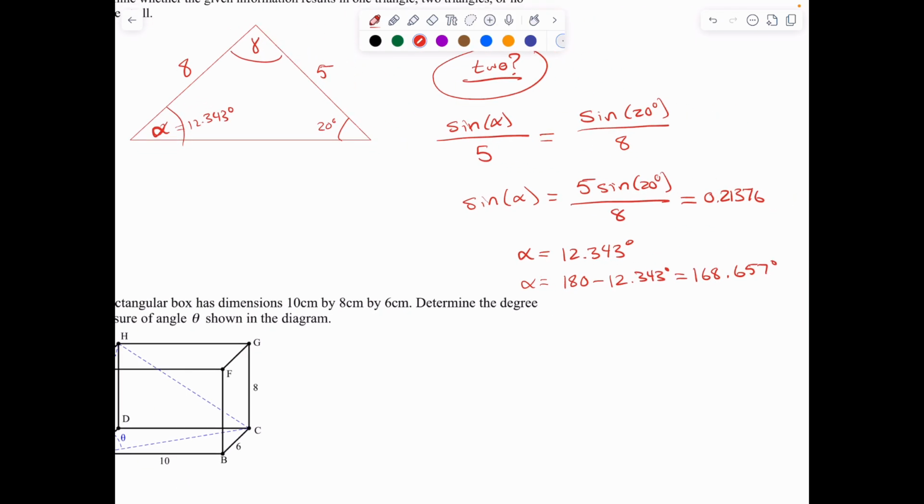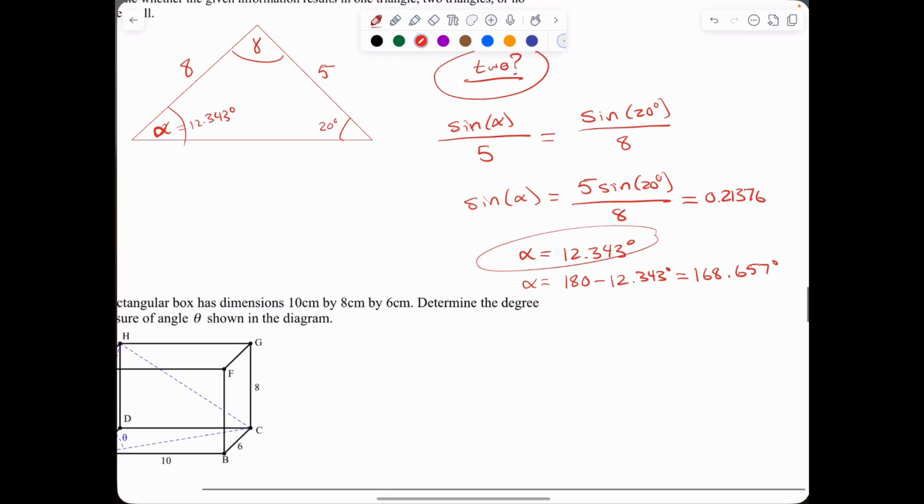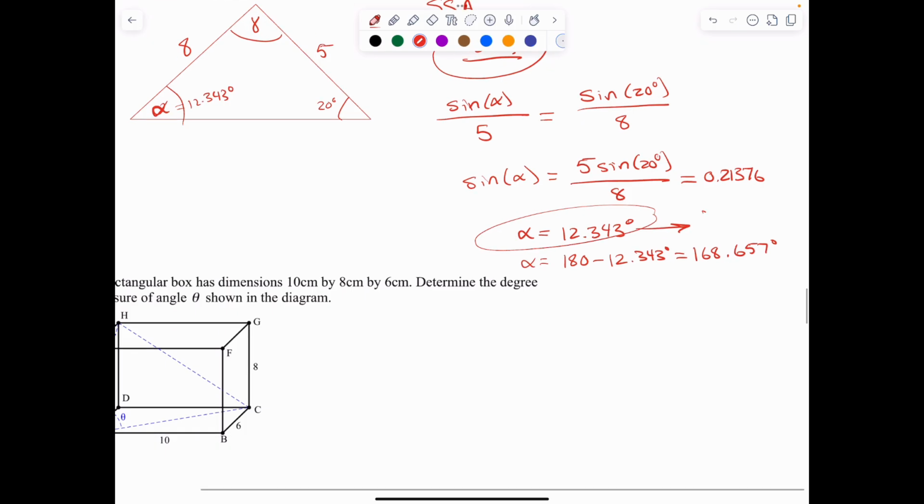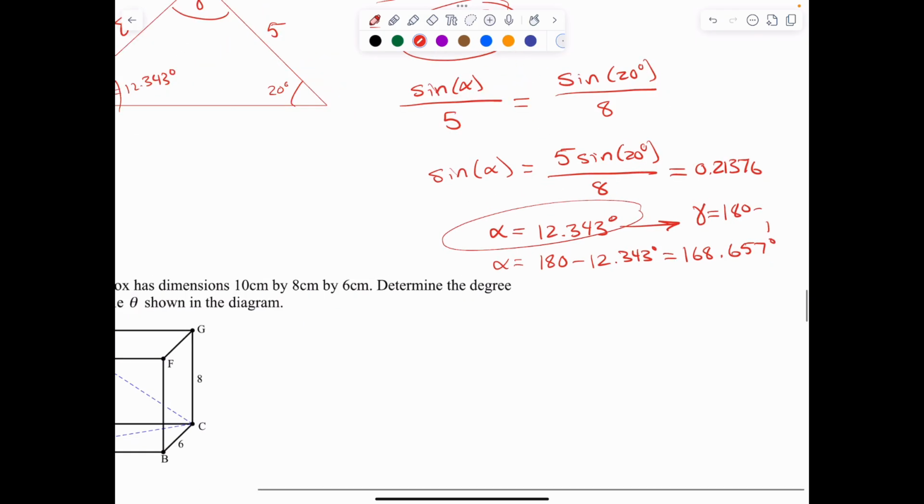First of all, there's at least one triangle, because that does make sense. So does this other one make any sense? Well, first of all, let's compute gamma. If alpha is equal to this, then gamma is 180 minus 12.34 minus 20, which you can compute and you'll find it actually has a number.